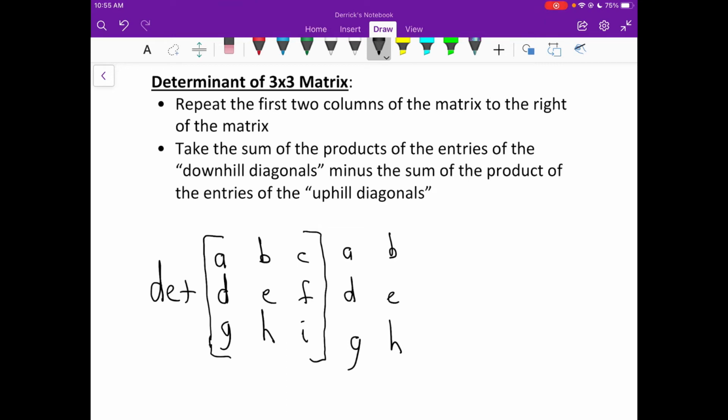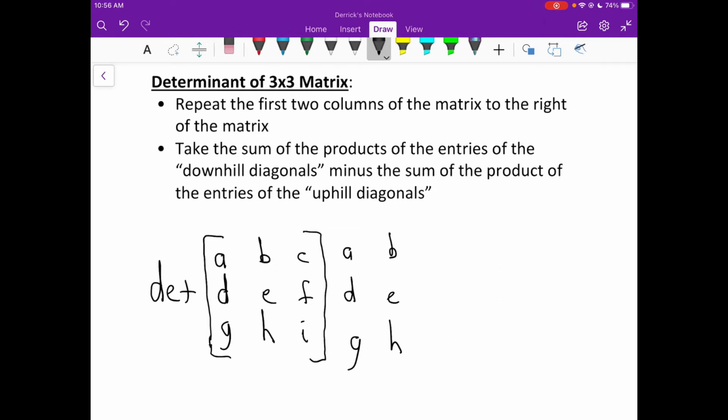After you have done that, you're on to doing the downhills minus uphills. It is still downhill minus uphill, the same as the 2 by 2. The catch is, with a 3 by 3 matrix, now kind of a 3 by 5, we are going to have multiple downhill diagonals and multiple uphill diagonals. The easy way to remember it is the rule of 3.